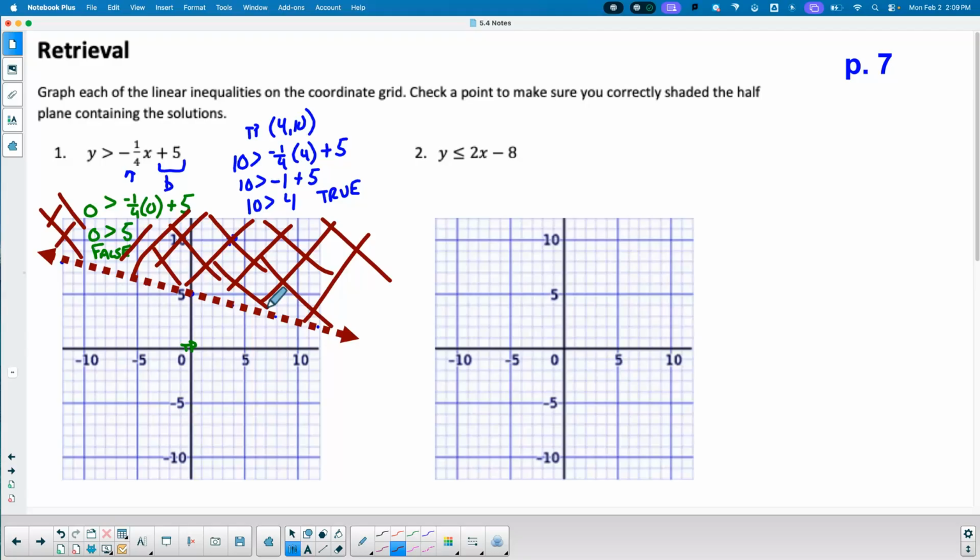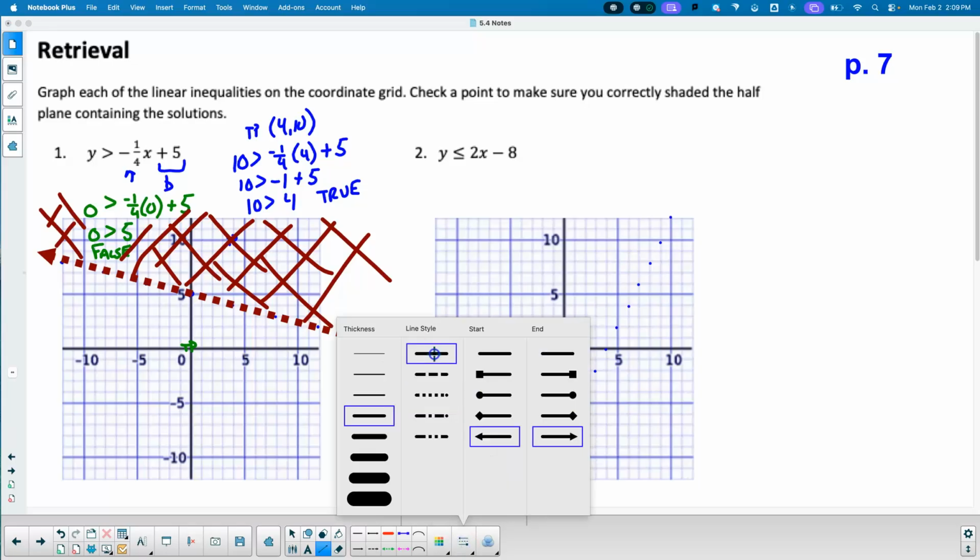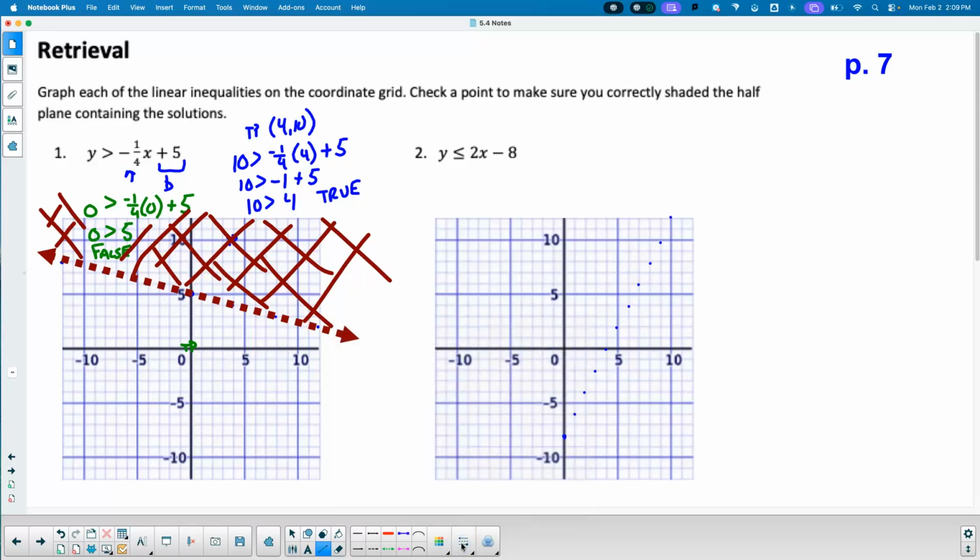Good. All right. Next one, y-intercept of -8, slope of +2. This one's going to be a solid line, though. Again, it didn't go through the origin.